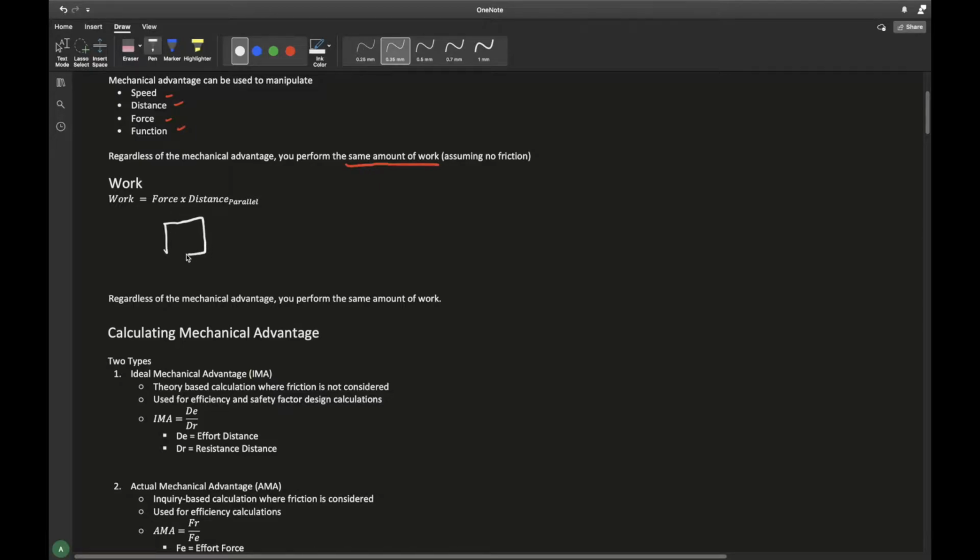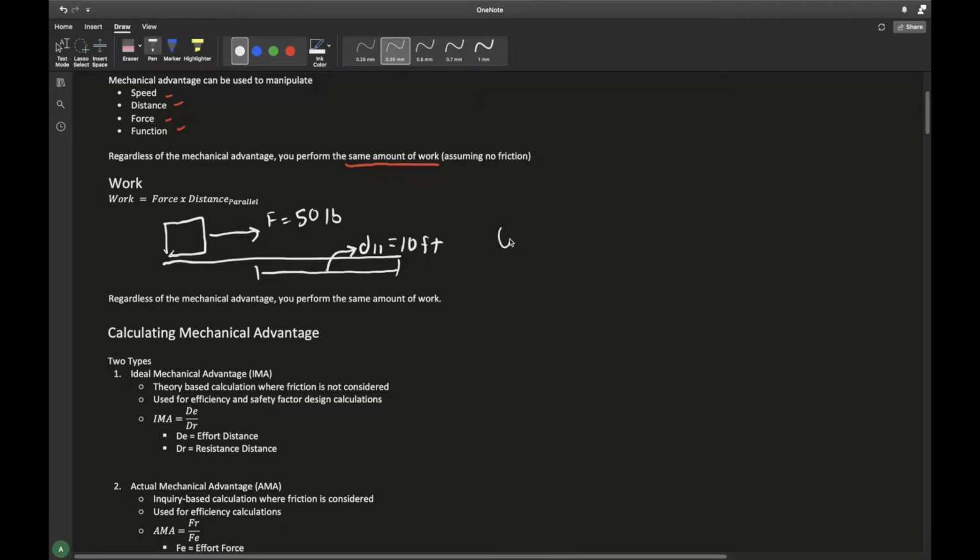So if we draw a box here, and this box is going to be traveling along the ground as shown here, and we apply a force parallel to that ground, so it's going to be pushing it horizontally, we can calculate its work. Now, let's say we have a 50-pound force, and we push that box pretty far, and that distance is equal to 10 feet.